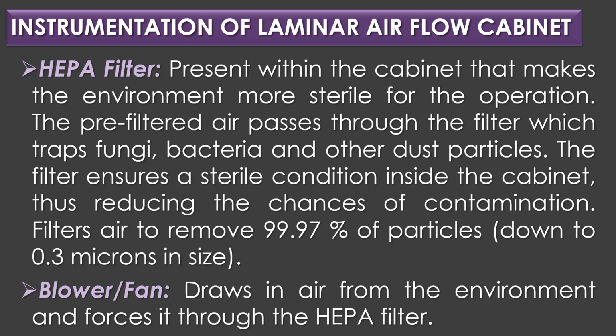The pre-filtered air passes through the filter, which traps fungi, bacteria, and other dust particles. The filter ensures a sterile condition inside the cabinet, thus reducing the chances of contamination. It filters air to remove 99.97% of particles down to 0.3 microns in size.